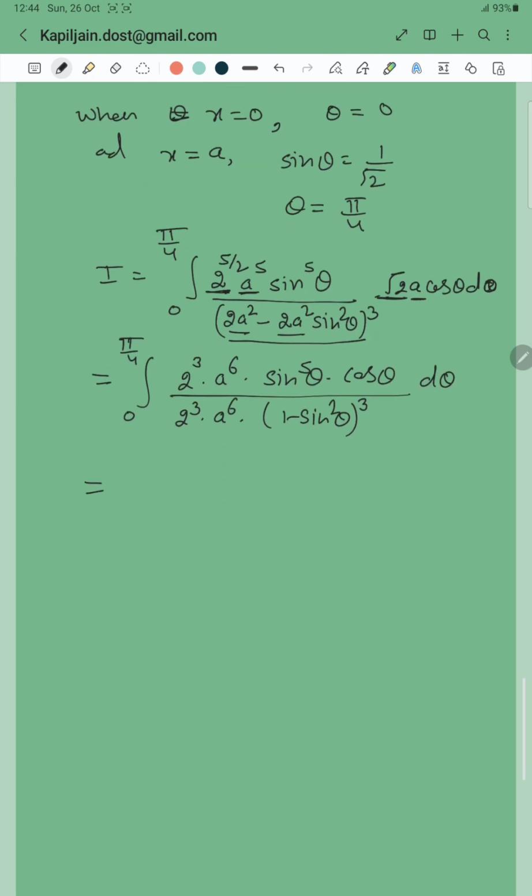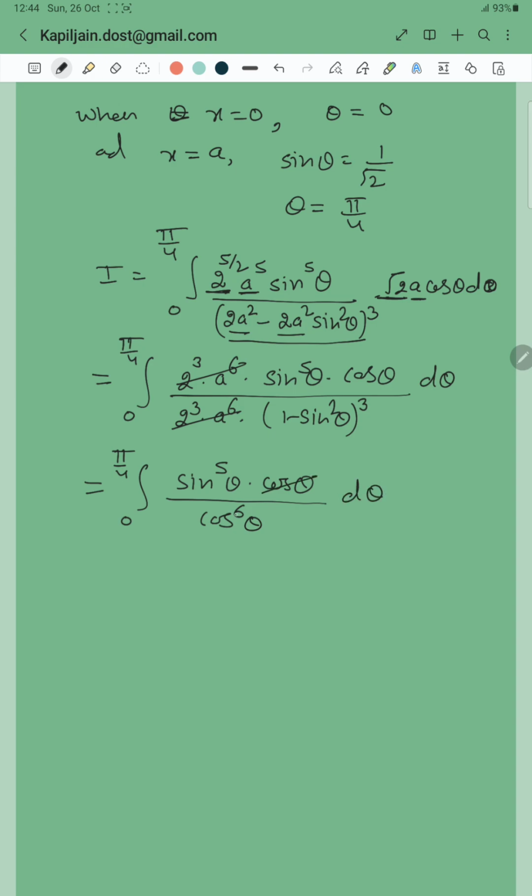Now further simplifying, cancelling these two terms, we get sine raised to power 5 theta into cos theta divided by, and we know that 1 minus sine square theta is cos square theta, so the denominator is cos raised to power 6 theta d theta.